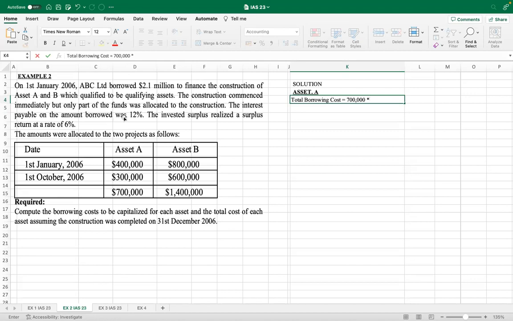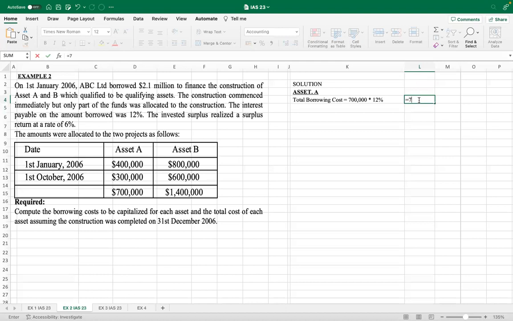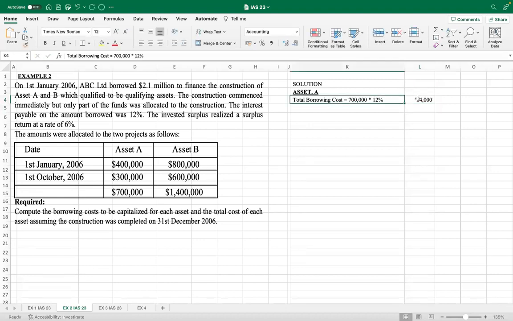Our interest rate is 12%. So 700,000 times 12% was the interest. So the entire borrowing cost is 84,000.